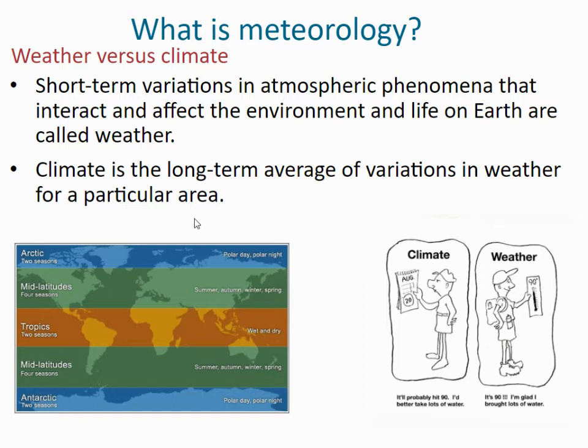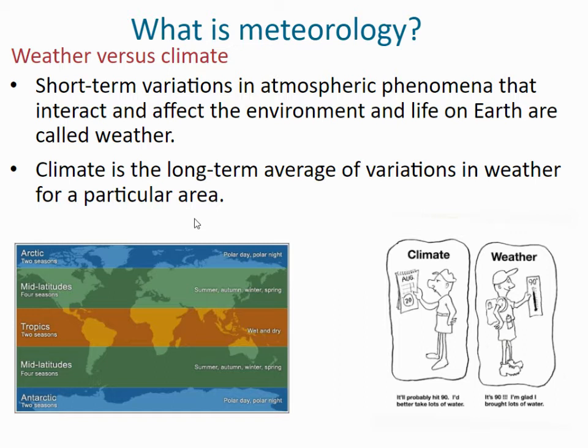You'll notice though that the rest of the world only has two seasons. They either have a wet and dry season or they have a polar day and a polar night, meaning that there is more sunlight or there is less sunlight. So, depending on when there is a little bit of a thaw and when there's not.